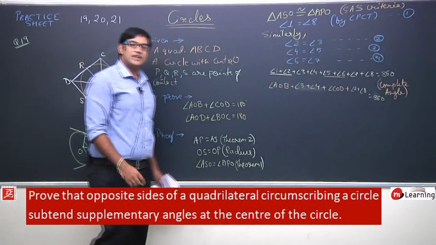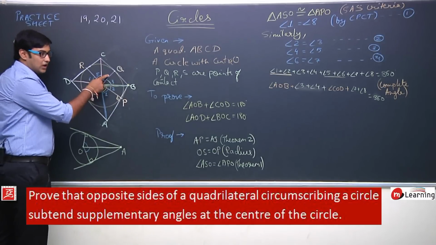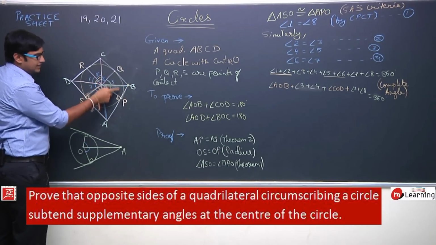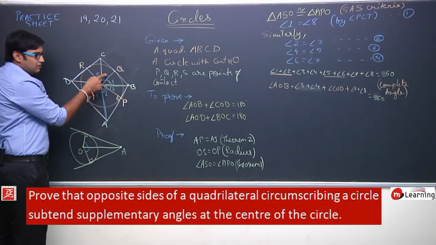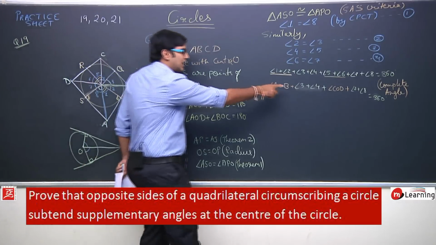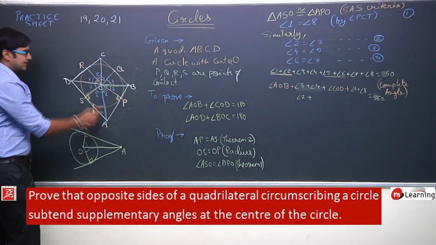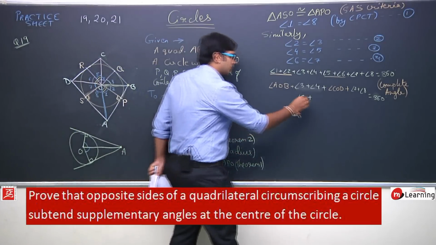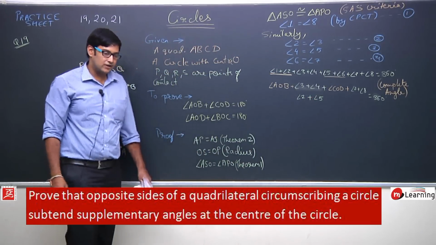Now observe very carefully, angle 2 and angle 3 are equal. From equation 2, angle 4 and angle 5 are equal. So in place of angle 3, I can write angle 2, and in place of angle 4, I can write angle 5.